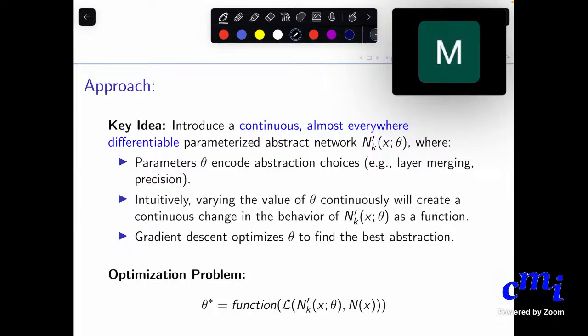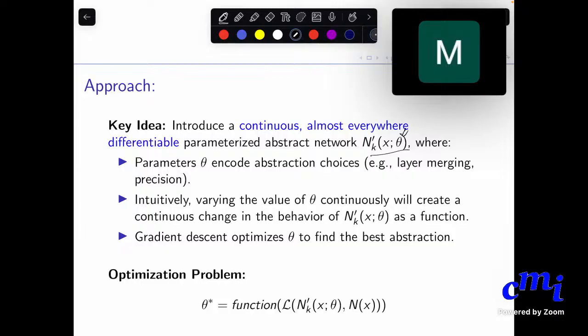All these are the choices we make. And so here the key idea is to come up with a continuous, almost everywhere differentiable parameterized abstract network, this one, where theta encodes the choices we make.